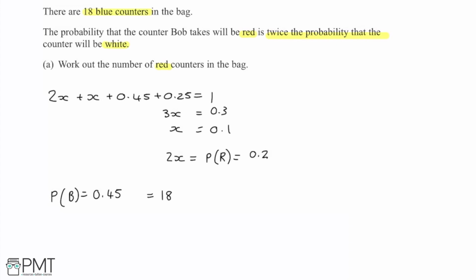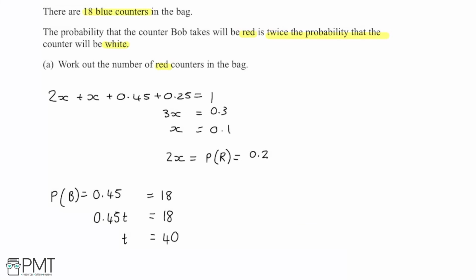So 0.45 lots of the total is equal to 18 counters. If we let little t be the total number of counters in the bag, 0.45 multiplied by t gives us 18 counters, so those are 18 blue counters. So if we divide both sides by 0.45, we can take 18 divided by 0.45 to get us the total number of counters being equal to 40.